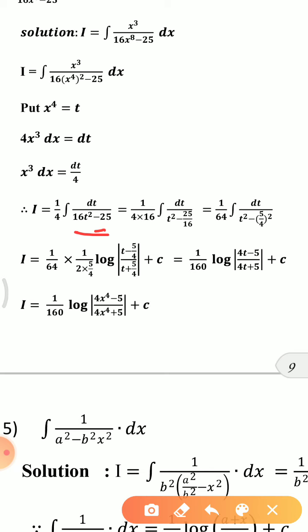Then we take 16 common here, that means 1 by 4 into 16, integral of dt upon t square minus 25 by 16. 4 sixteens are 64, so 1 upon 64. And 25 is 5 square, and 16 is 4 square, which is the conventional form of x square minus a square.